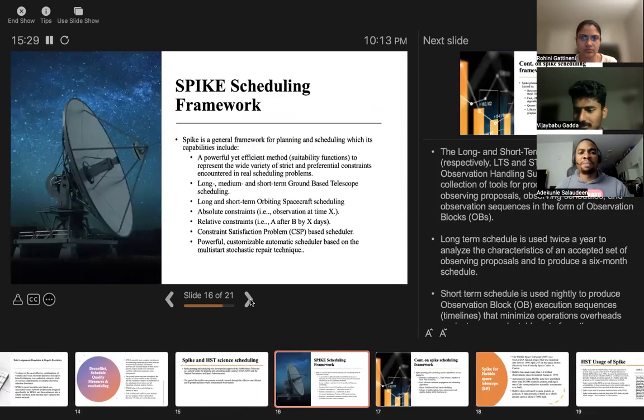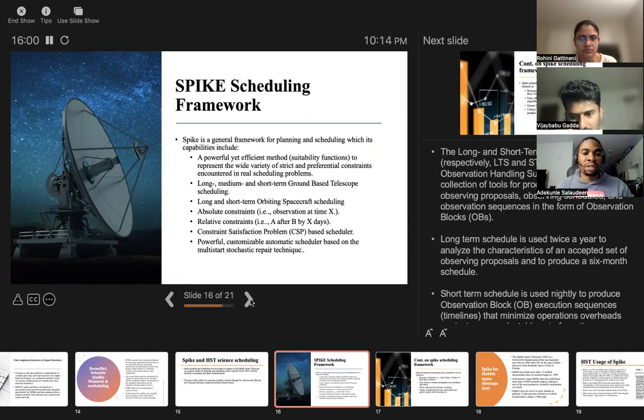Now, looking at the Spike scheduling framework. Spike is a general framework for planning and scheduling, whose capabilities include a powerful yet efficient method suitable to represent the wide variety of strict and preferential constraints encountered in real scheduling problems. It is also capable of long, medium and short term ground-based telescope scheduling, and long and short term orbiting spacecraft scheduling.